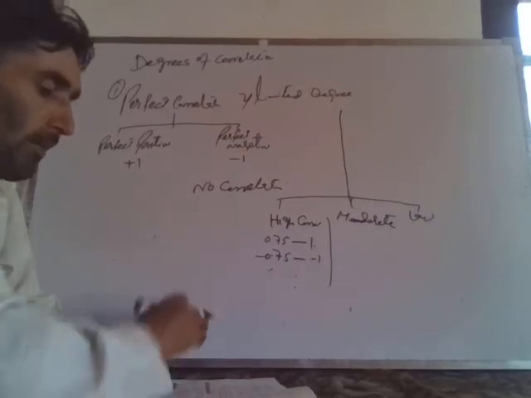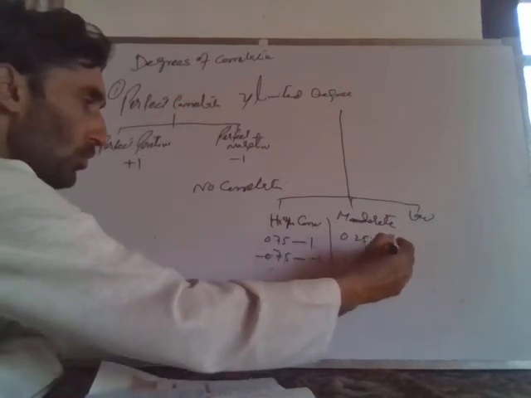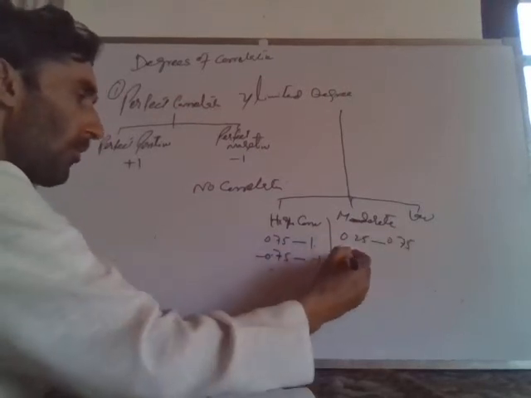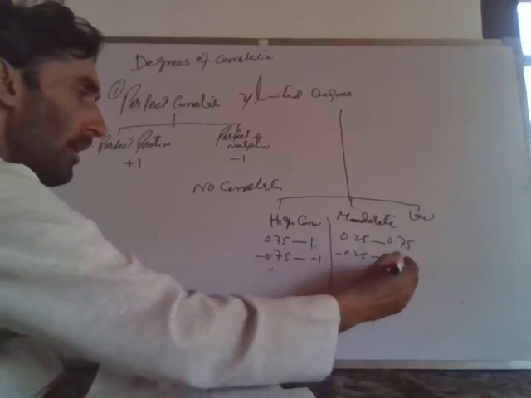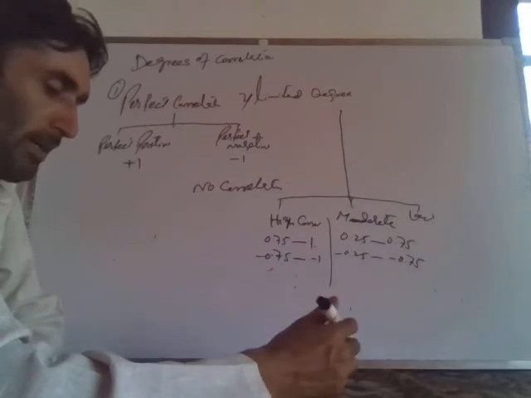When our value ranges between 0.25 to 0.75 or -0.25 to -0.75, this is moderate degree of correlation.